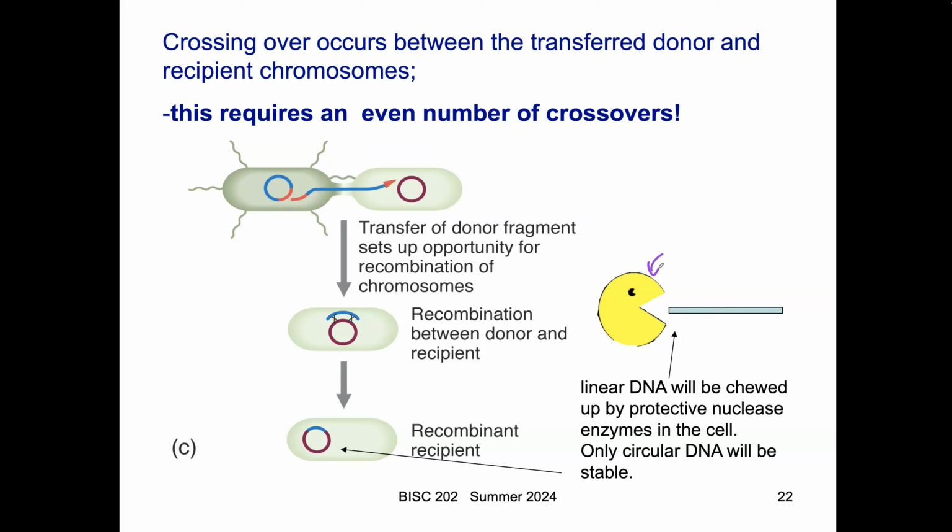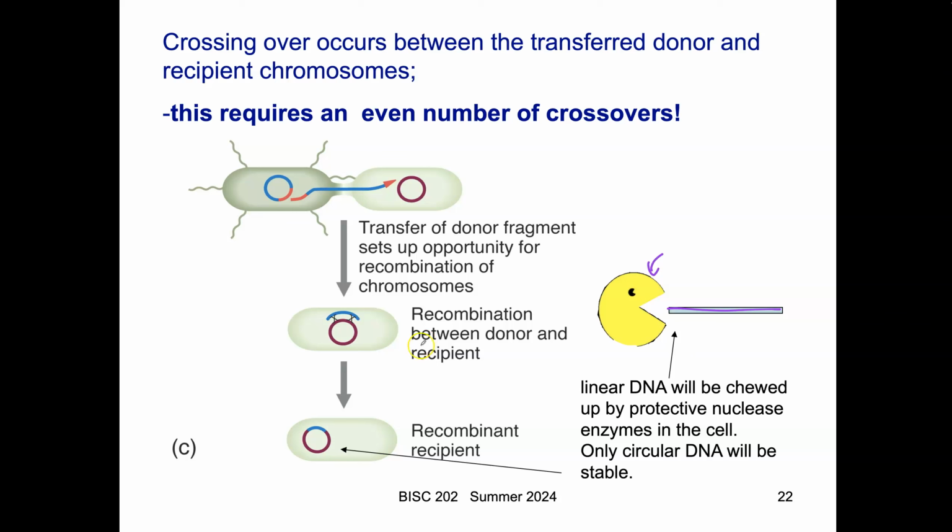And so there are protective enzymes that just gobble up any kind of linear DNA that is introduced into the cell. And so there's a limited amount of time in which you can incorporate some of the donor genes into the recipient cell.